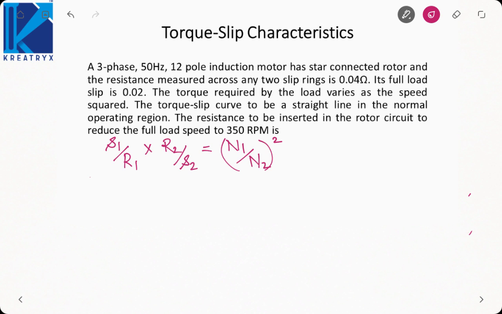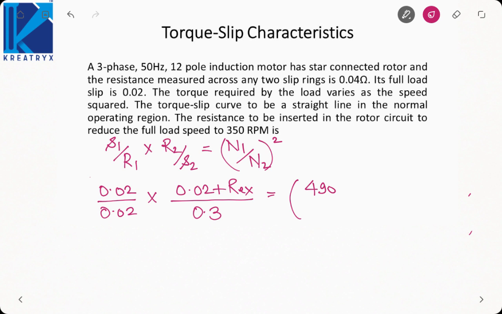So initial slip was 0.02. Resistance was how much? 0.02. New resistance is 0.02 plus some external resistance. New slip is how much? 0.3. Old speed was 490. The new speed is 350 RPM.